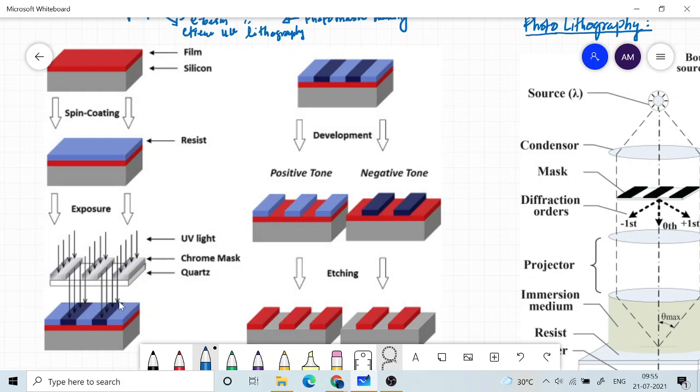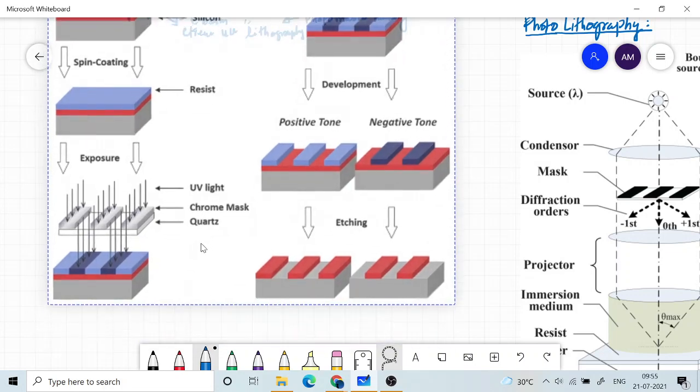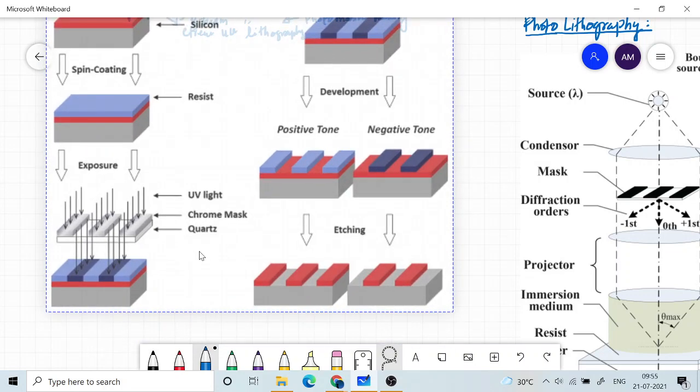Because of the irradiation with light, some light dependent reaction will take place and change the chemical property of the photoresist. It will absorb light and modify the structure, okay. So the property will get changed wherever light is irradiated, and wherever light is not irradiated, its previous property will remain.